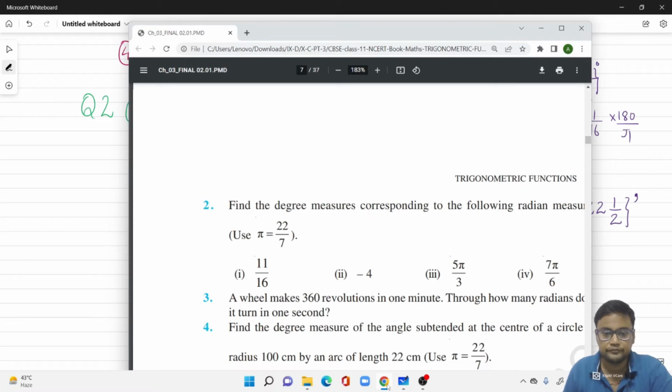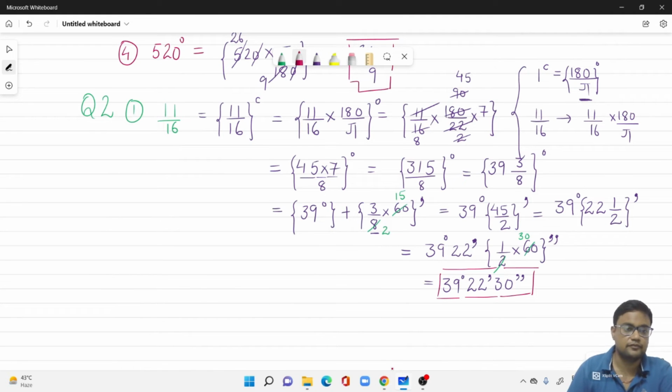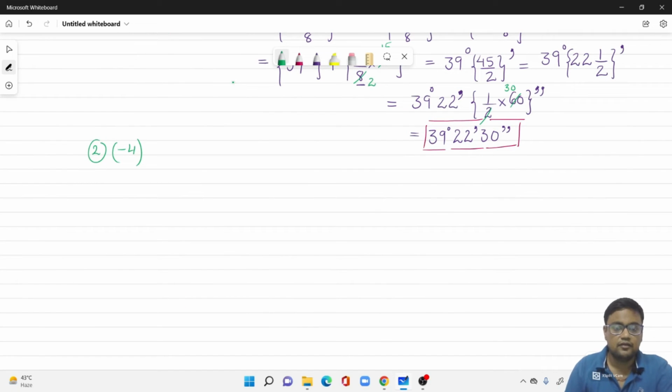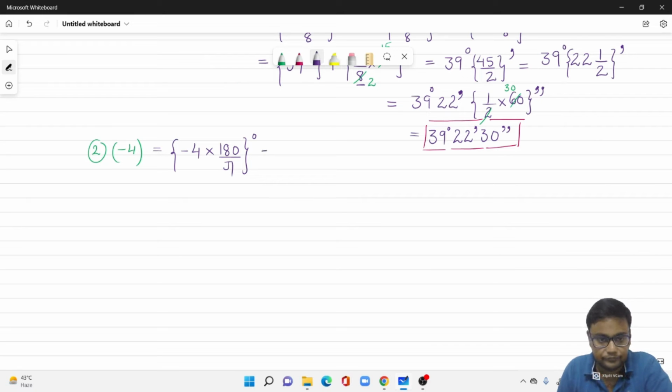See, second is -4, very important. Second is -4. So this is in radians, right? ये value है radian में. But it can be converted into degrees by multiplying it by 180 over pi.